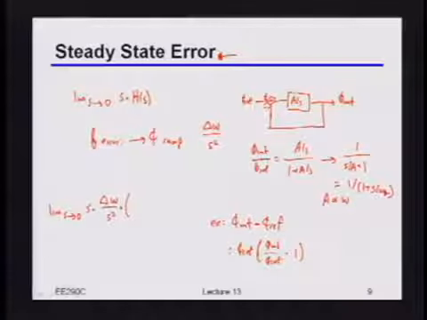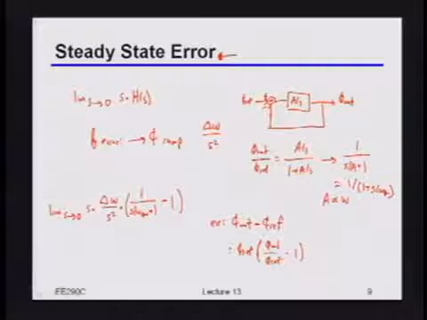Okay, so if I write all these things out, I'm going to get 1 over s over omega bandwidth plus 1, minus 1. Okay? Everyone tracking so far?